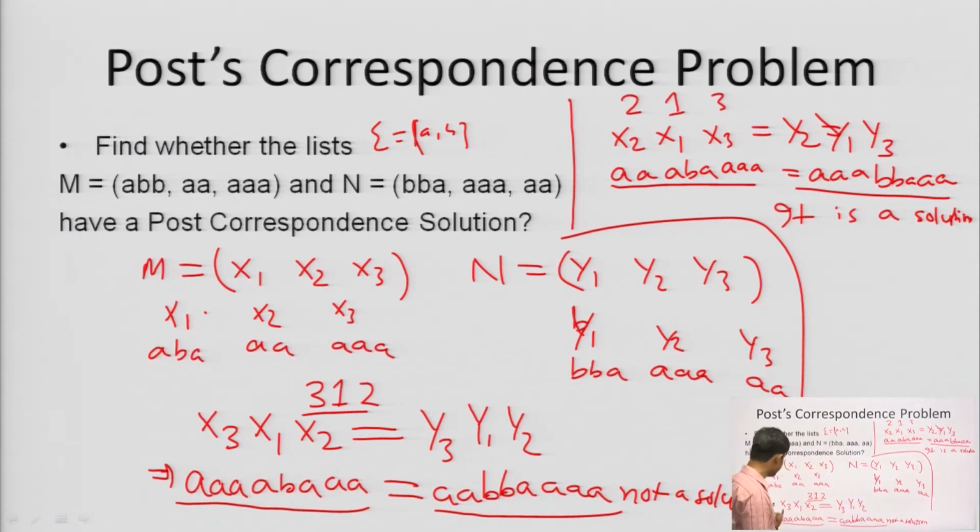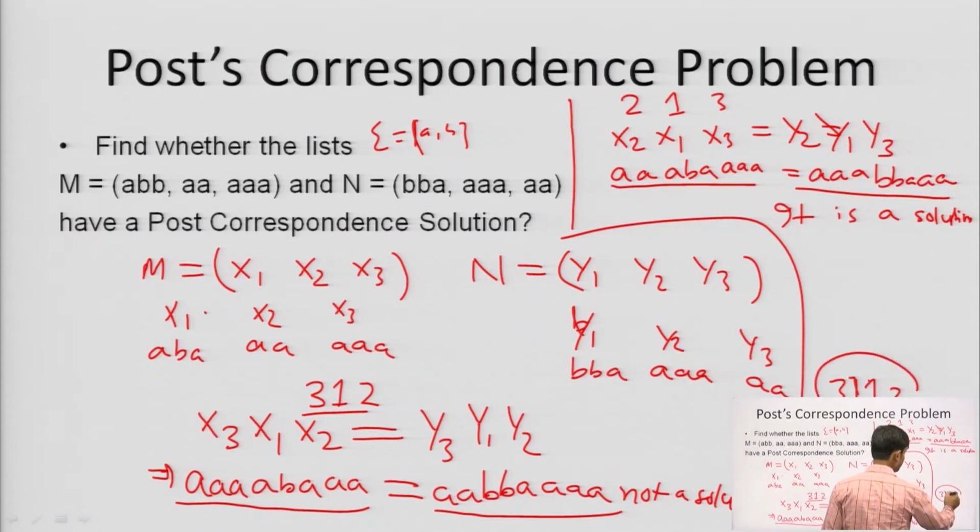So, we have written here x3, x1, x2, and you have seen that x1 may be repeated. You are allowed a sequence like this 3 1 1 2, you can take 1 two times, then no problem. But in y also you have to take the same thing, both sides you have to take 3 1 1 2.